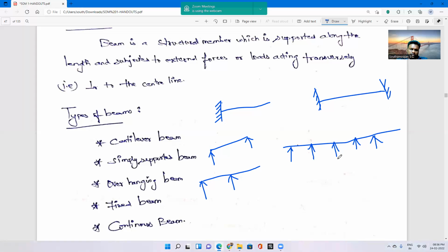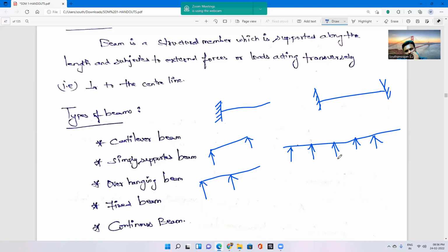Next, a simply supported beam is one where both ends are supported. Next will be the overhanging beam. An overhanging beam is supported at two points and another end is left open. It may be a one side overhanging or a double side overhanging beam.